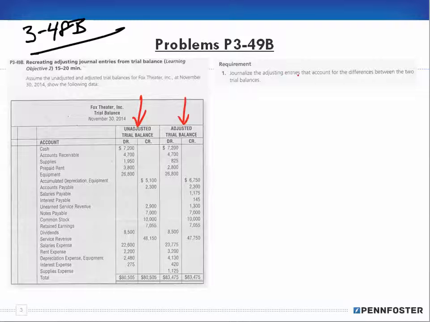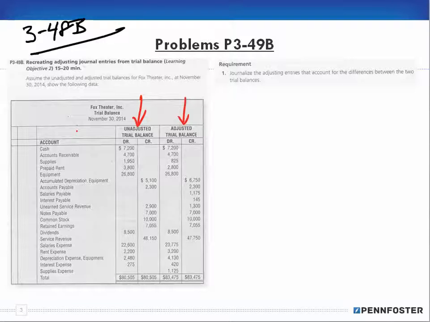It says journalize the adjusting entries that account for the differences between the two trial balances. So this is adjusted, this is unadjusted, and the differences were the adjustments. You can go back to problem 3-48 and see how those entries are made.